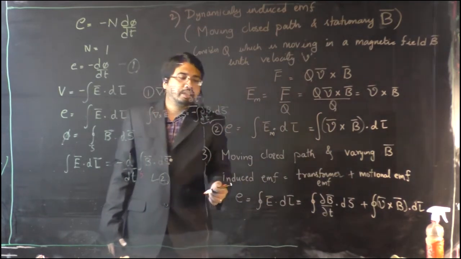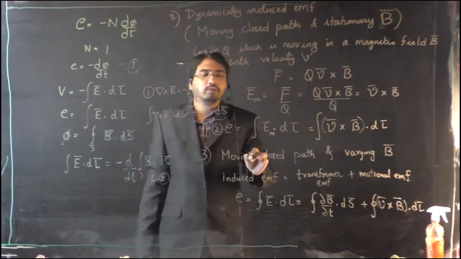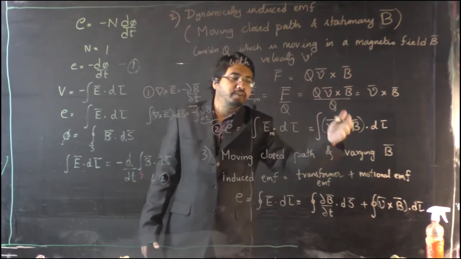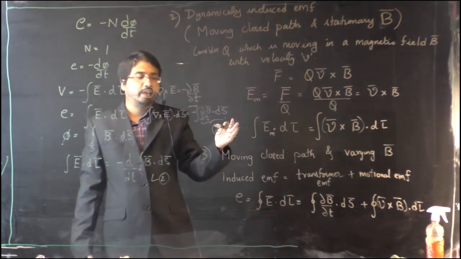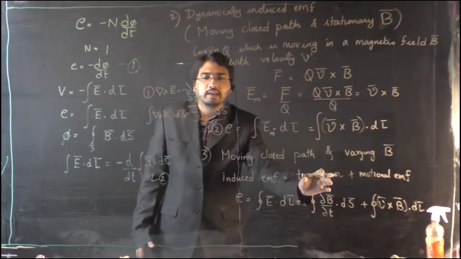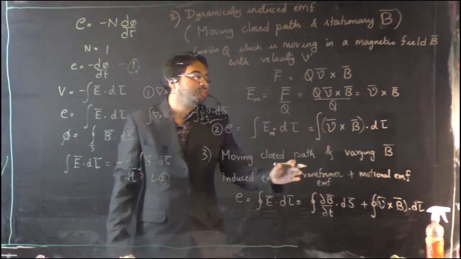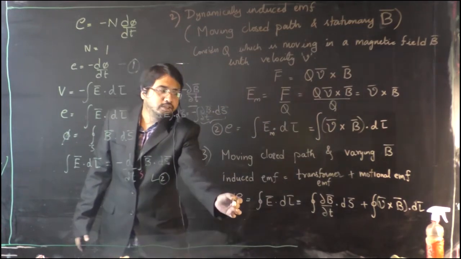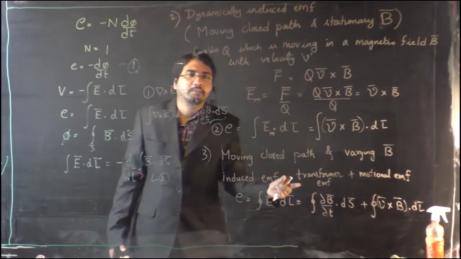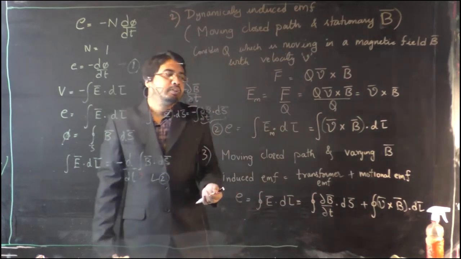So what is the induced EMF in the third case? That means both the closed path is moving as well as your magnetic flux density is also varying. Magnetic field is varying, conductor is also moving. Here the total induced EMF is the sum of the first case, statically induced EMF or transformer EMF, plus the second case, dynamically induced EMF or motional EMF, integral V bar cross B bar dot dl bar.